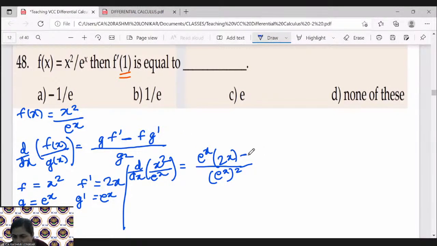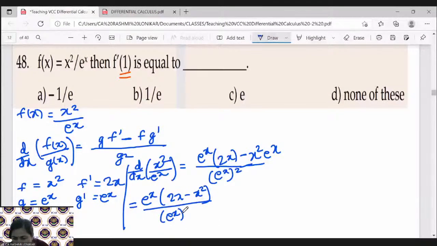First function is how much? X square into derivative of second function e raised to x. Now this is equal to, I take e raised to x common in the numerator. So this is e raised to x, 2x minus x square upon e raised to x whole square.